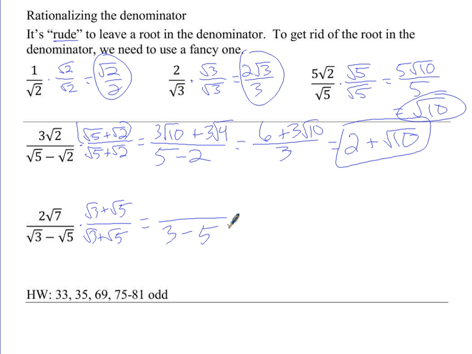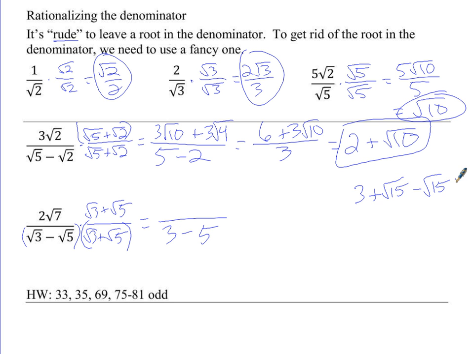So here, I'll show you. We're going to actually FOIL this out. This is FOIL that's going on here. Okay? So we have the square root of 3 times the square root of 3. If I'm FOILing it, that gives me the square root of 9, which is just 3. Then I have the square root of 3 times the square root of 5, which is plus the square root of 15. Then I have the negative square root of 5 times the positive square root of 3, which is minus the square root of 15.